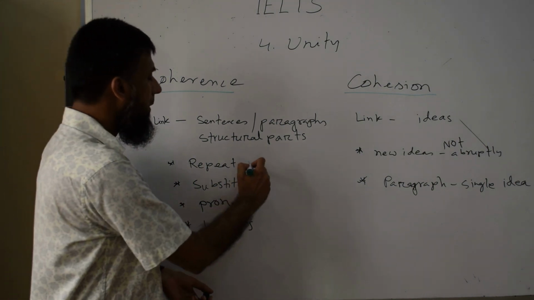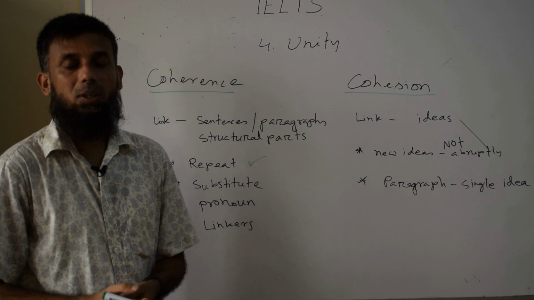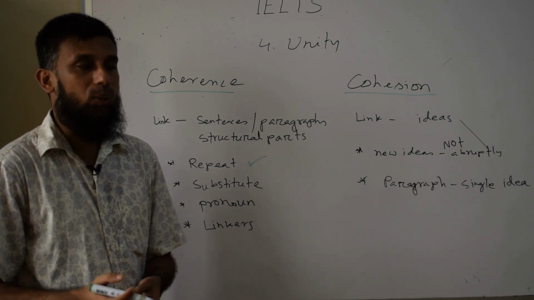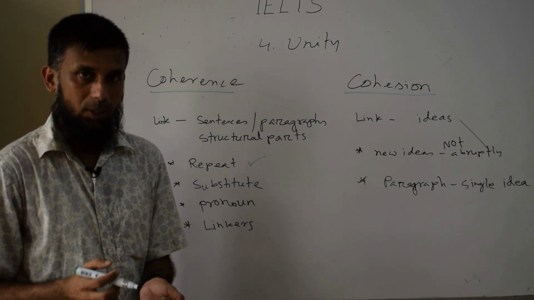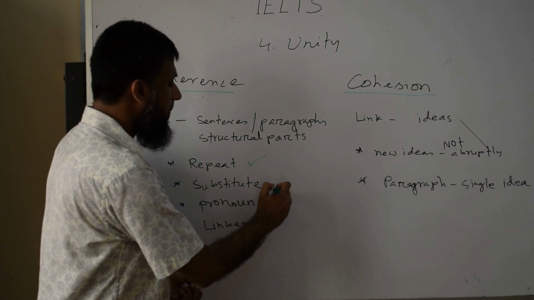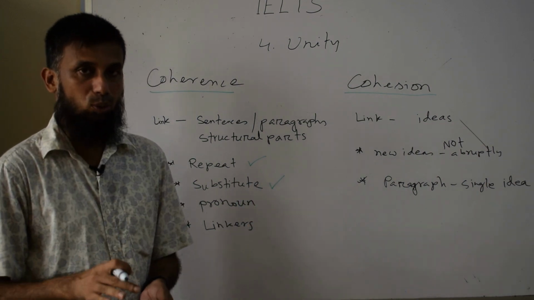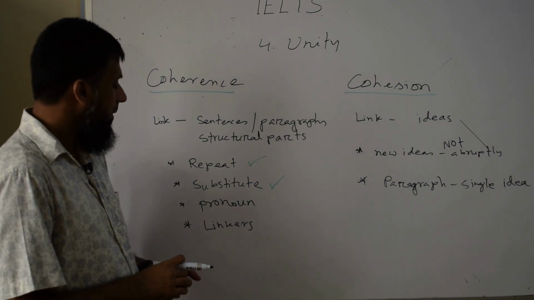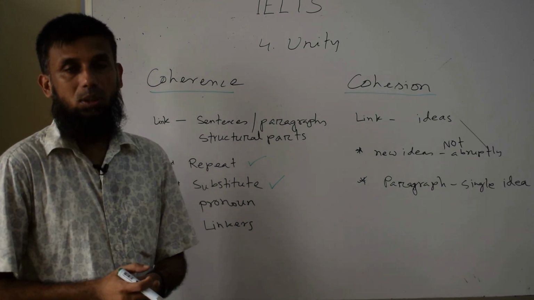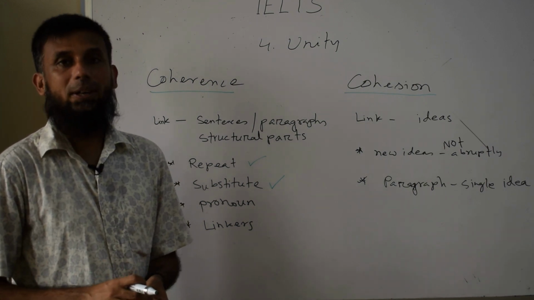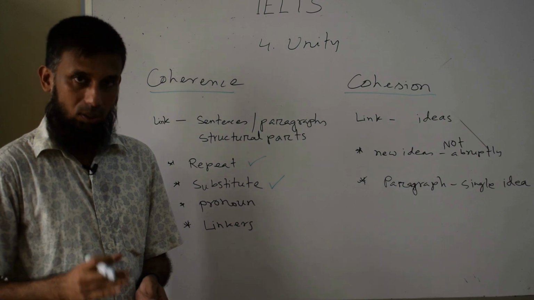For example, you can use the same word repeatedly, or you can use different forms of the same word repeatedly, or you can have a substitution of the word that you have just used in your previous sentence. You can use pronouns. Of course, pronoun is a great way of linking between sentences.